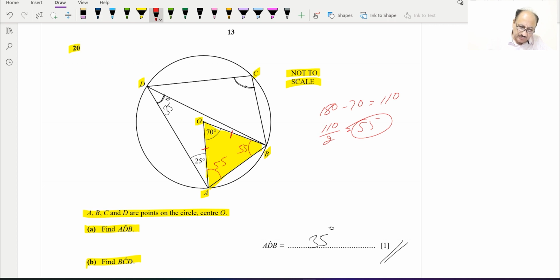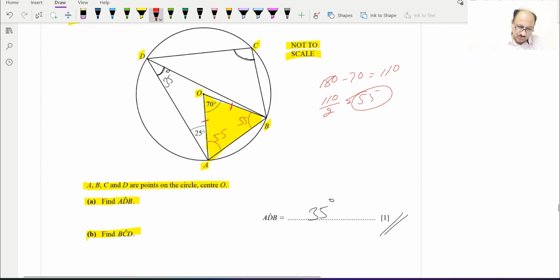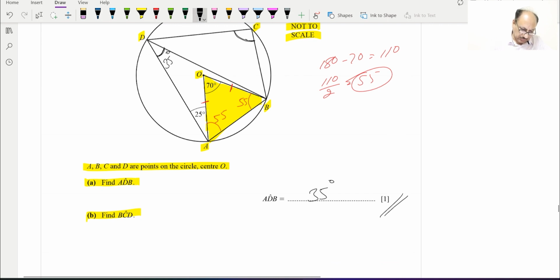Now angle DAB is equal to 25 degrees plus 55 degrees, and this is equal to 80 degrees.